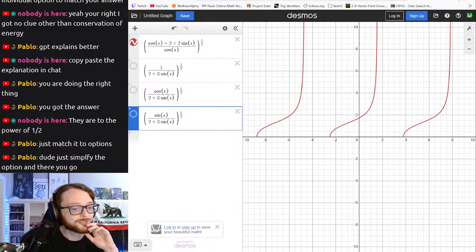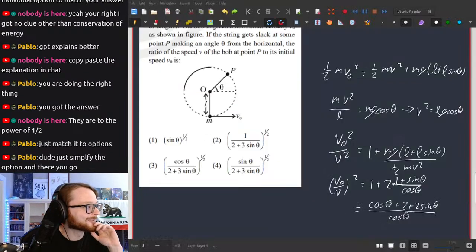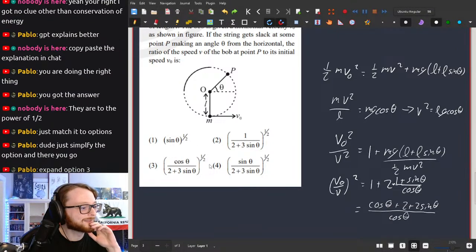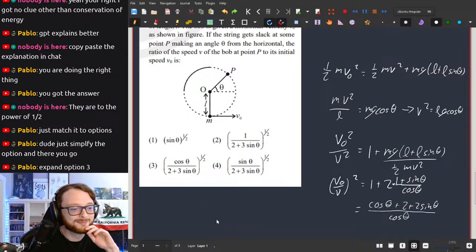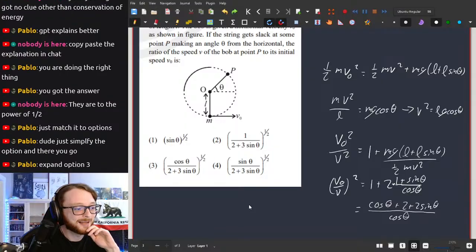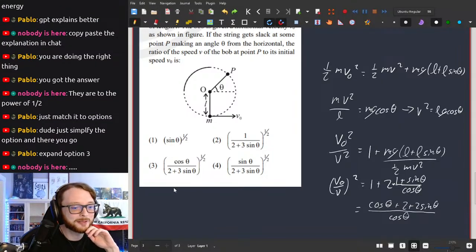Pablo, they don't match. I just looked in Desmos. I don't know how, and it doesn't look like it expands to me.